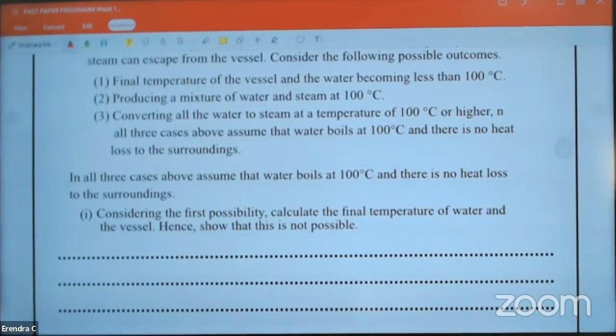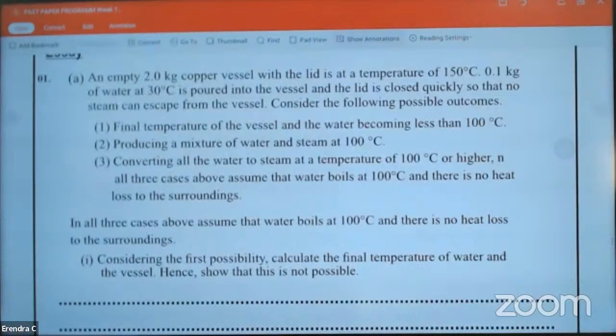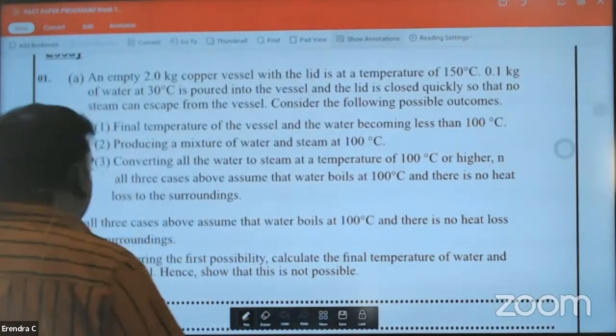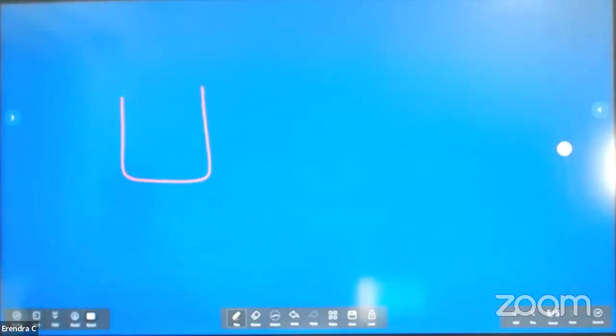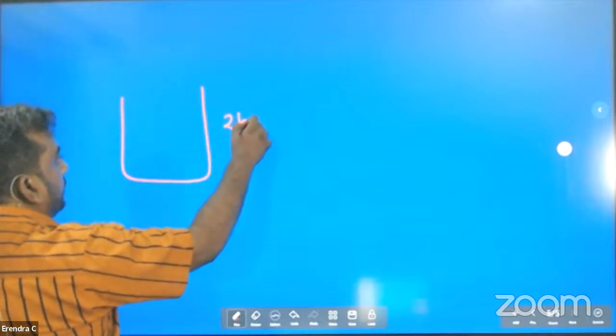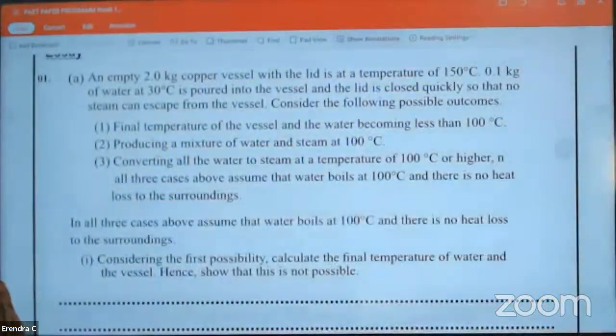An empty 2 kilogram copper vessel with a lid is at a temperature of 150 Celsius.